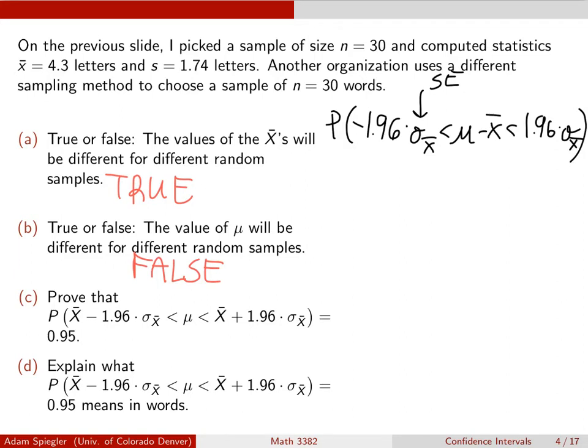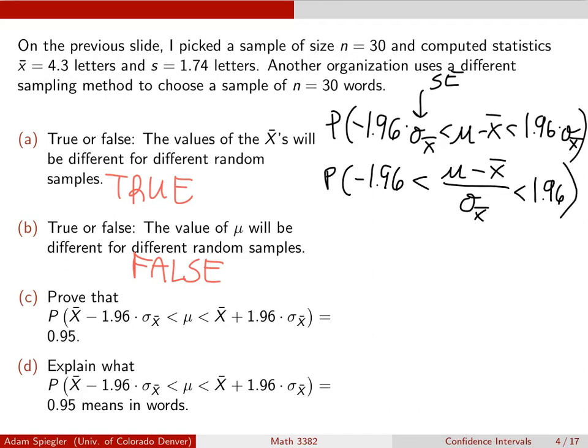Now the next thing that we can do is divide everything by the standard error. That would give me negative 1.96 over here. And in the middle, we've got mu minus X bar over sigma X bar. And over here, I have a positive 1.96.